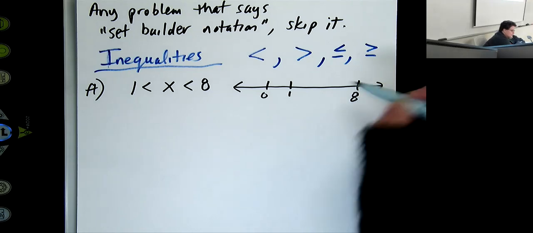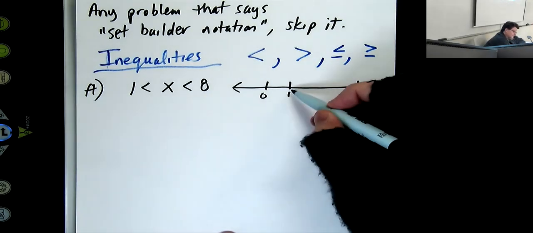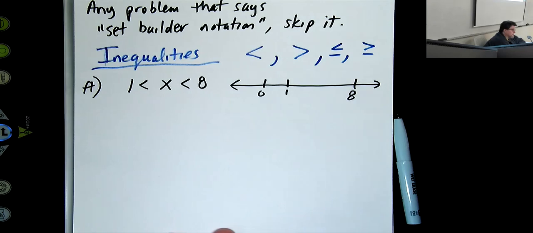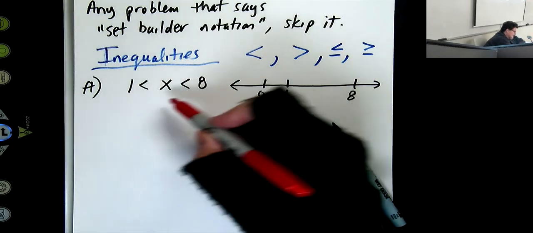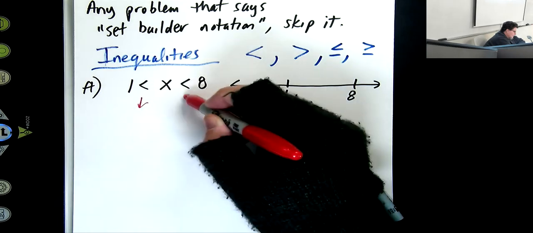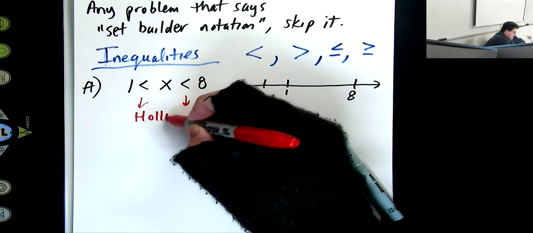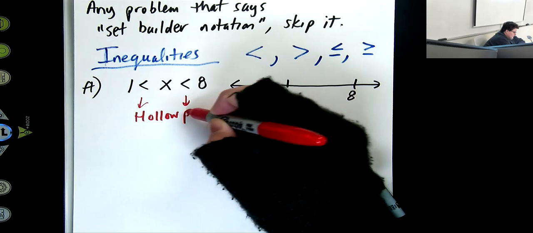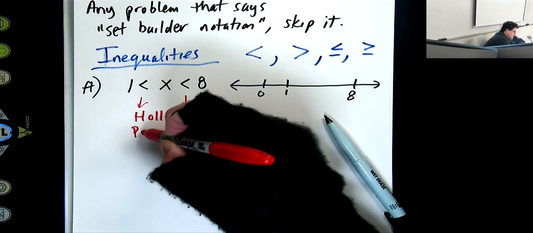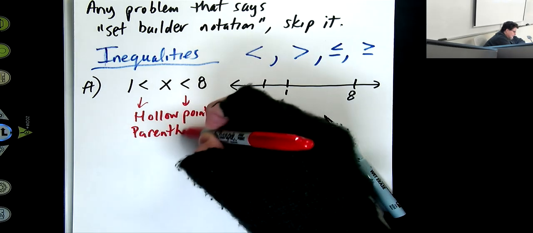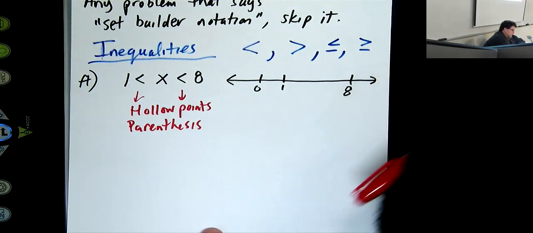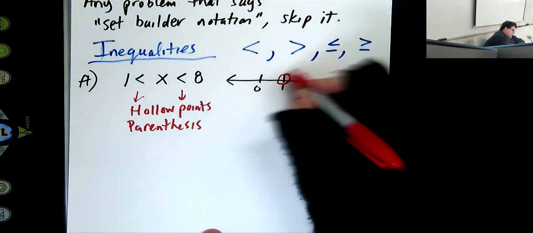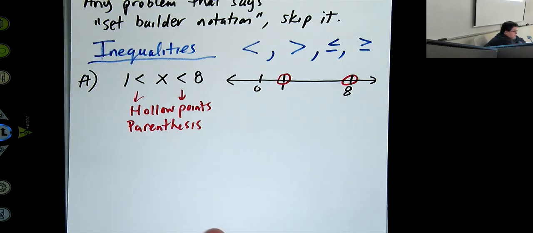I'm not putting all the dashes in between. For less than and greater than, we use hollow points on the number line, and we use parentheses in interval notation. We'll see that in a second. So I'm going to put a circle on 1 and a circle on 8.